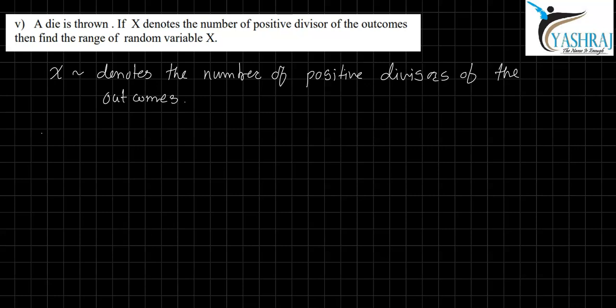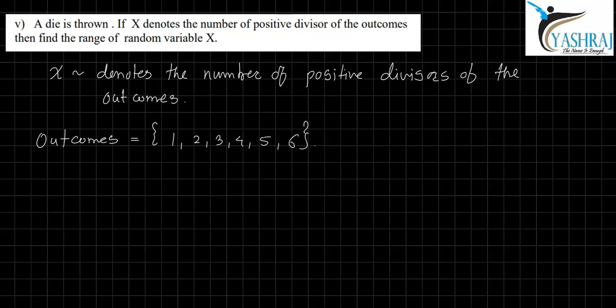So which are the outcomes when a die is thrown? Because our random experiment is that a die is thrown. We have 1, 2, 3, 4, 5 and 6.